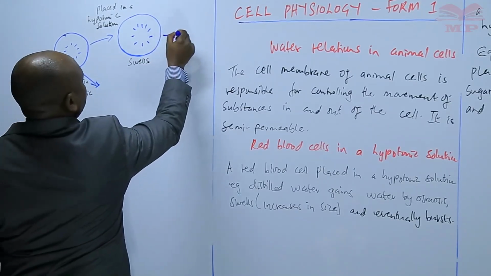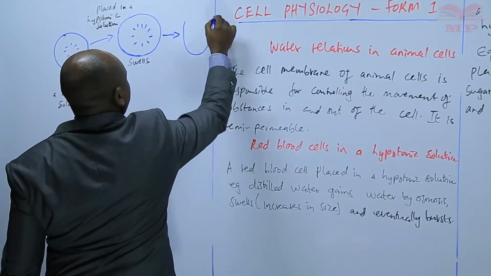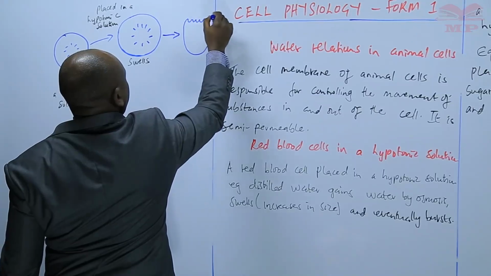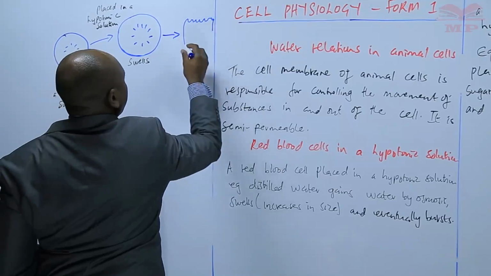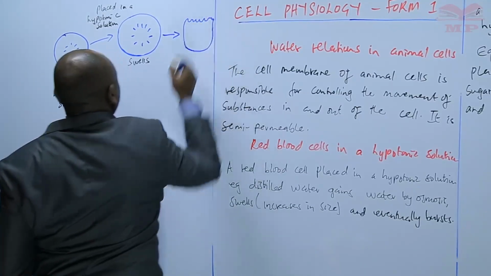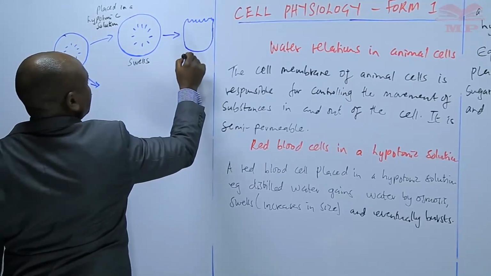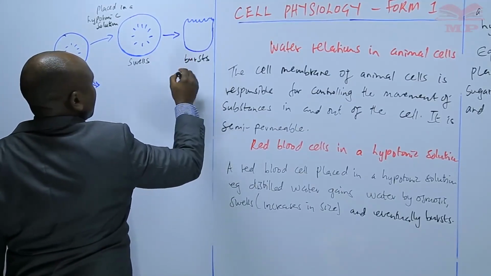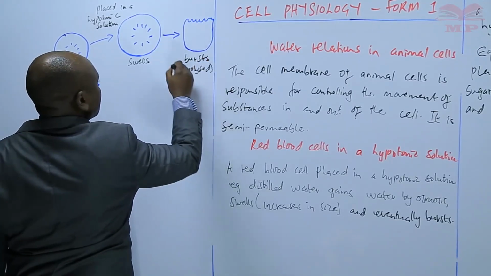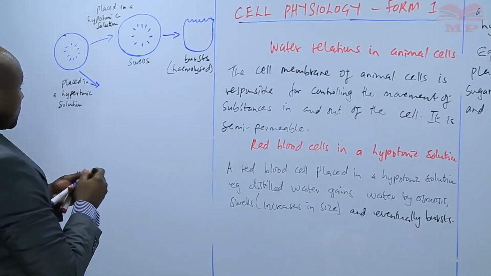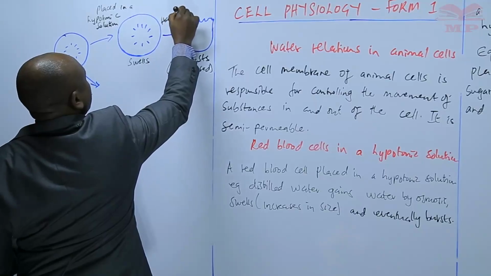And then finally, it bursts. And that's what we say becomes haemolyzed. So this process of bursting is haemolysis.